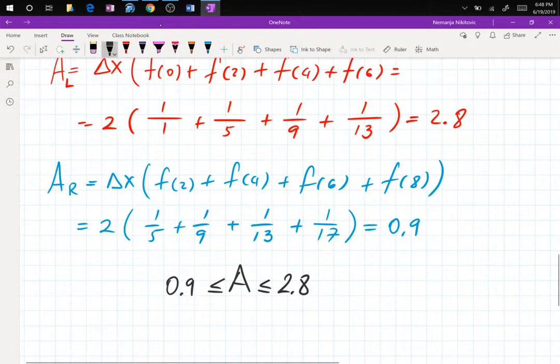That's a terrible range, from 0.9 to 2.8. It's terrible. But we know we can make it better. We just need to be less lazy, right?